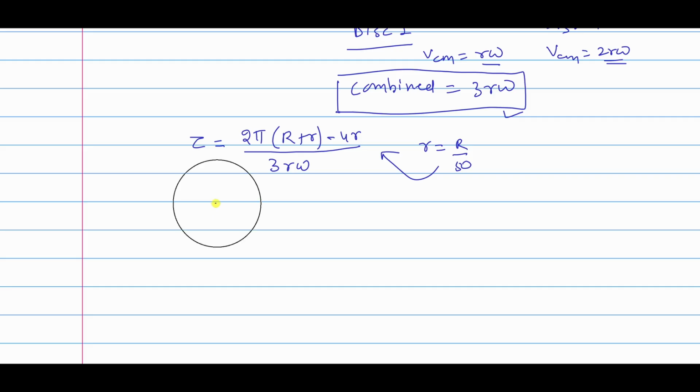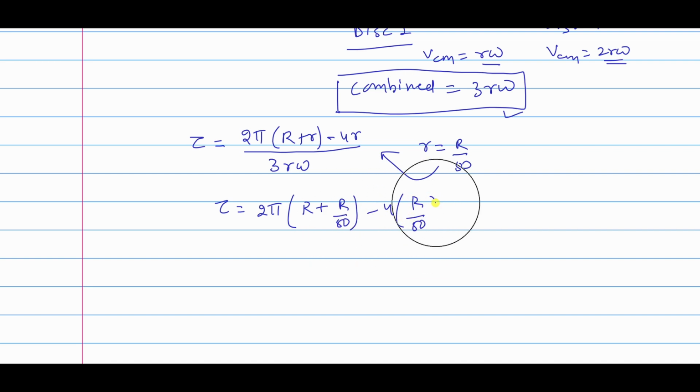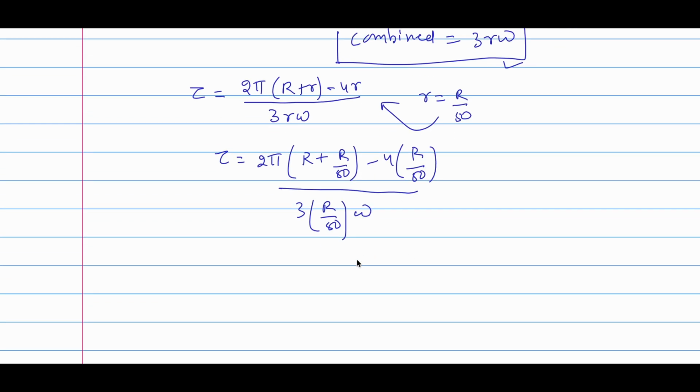What we will find is that tau is equal to 2 pi (R plus R upon 50) minus 4 into R upon 50, divided by 3 times R upon 50 into omega. Here, what we can do is, this will become 51R upon 50, this is R upon 50, this is R upon 50. What we are left with is (2 pi times 51 minus 4) upon 3 omega.